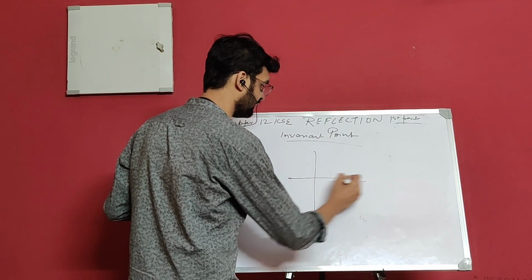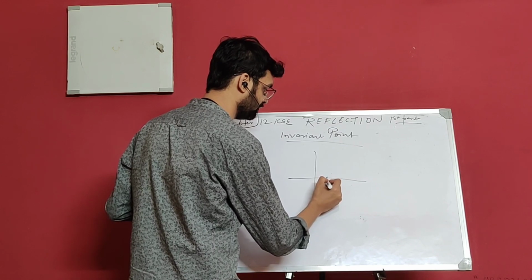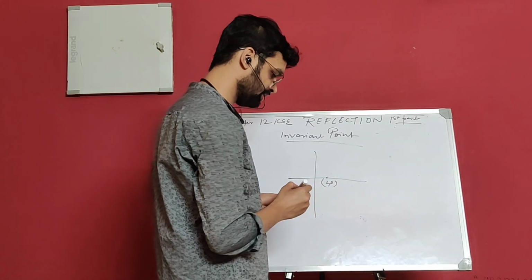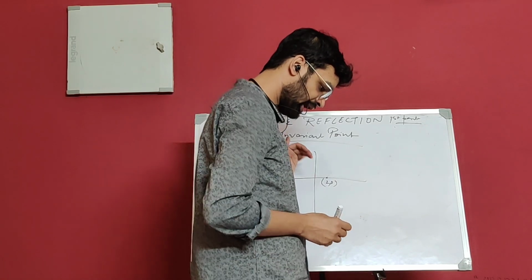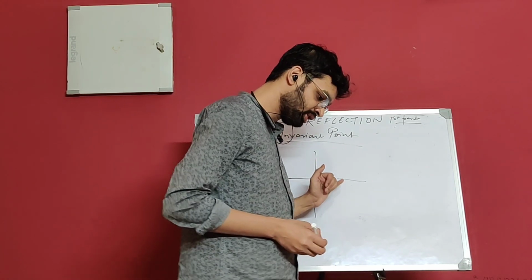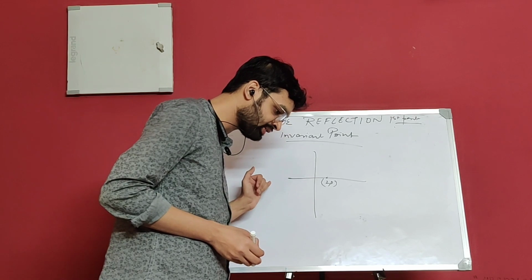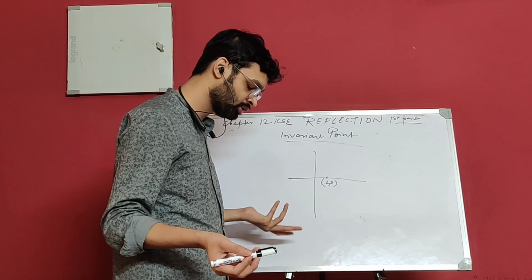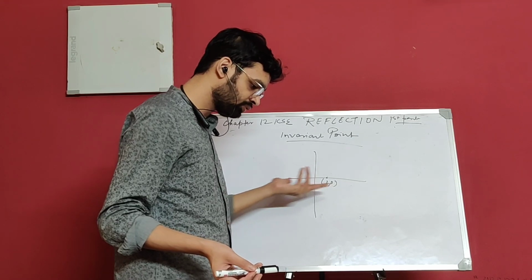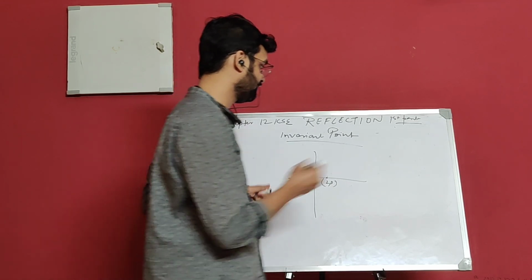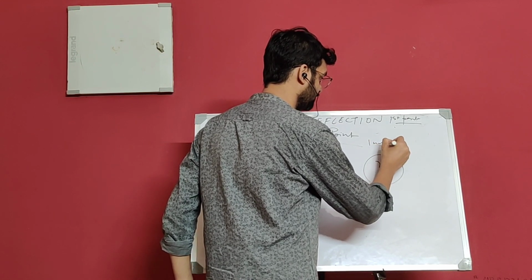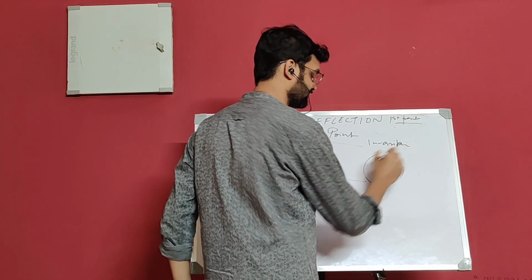Like this is the A, and my value is somewhat here, 2 comma 0, and it is not changing, it is in the line itself. So when the point 2 comma 0 is reflected in the x axis, the coordinates of the image are also 2 comma 0. So this will be invariant under the reflection in the x axis.